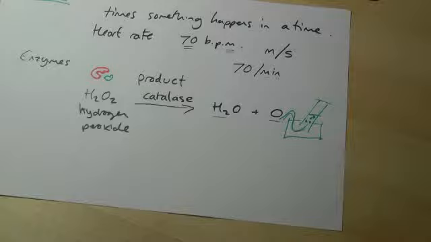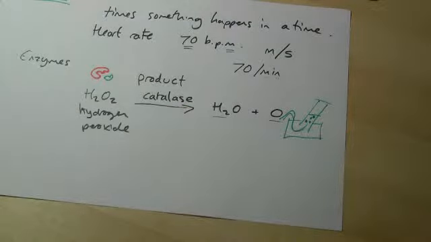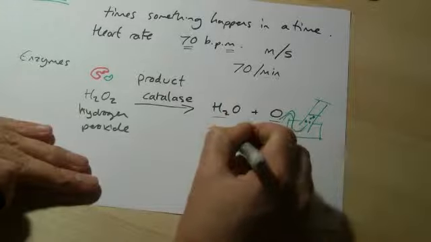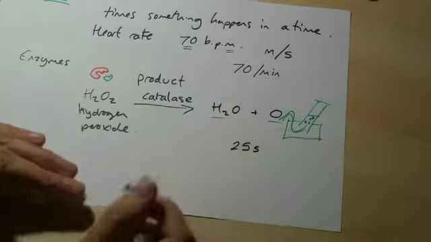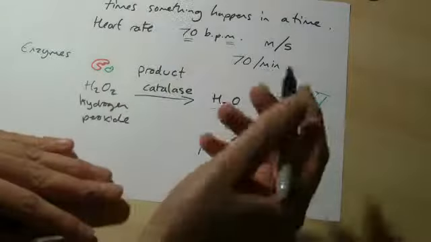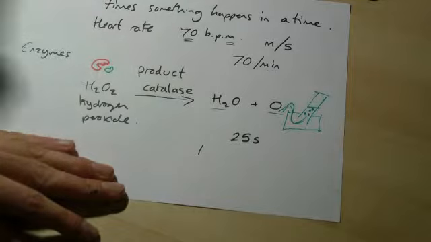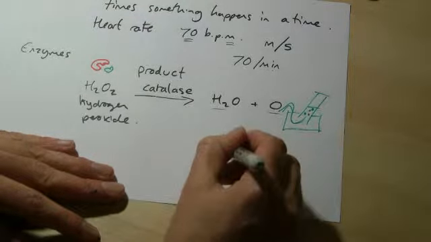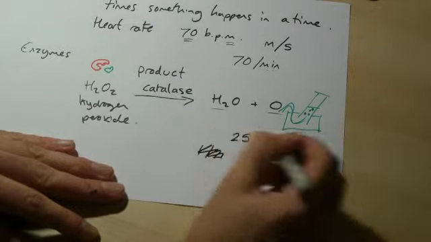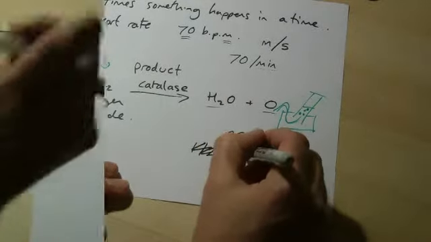So we could say, for example, that for a certain amount of hydrogen peroxide, let's say it takes 25 seconds. So we could say that it is one entire reaction for those enzymes in 25 seconds. Okay.